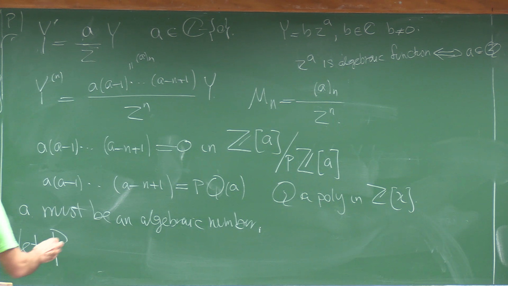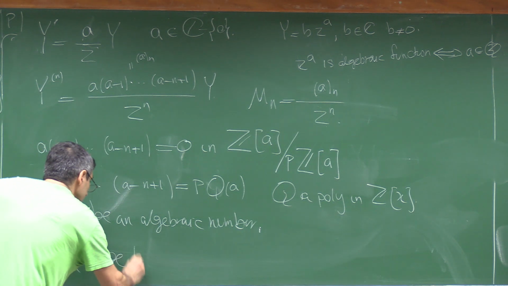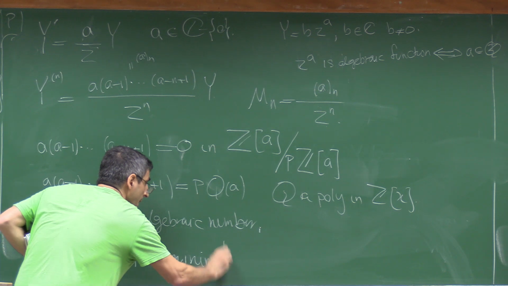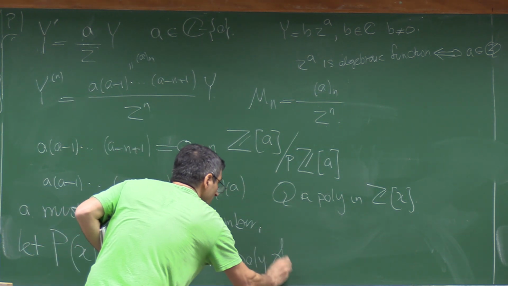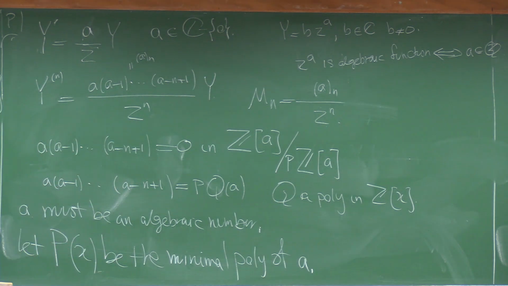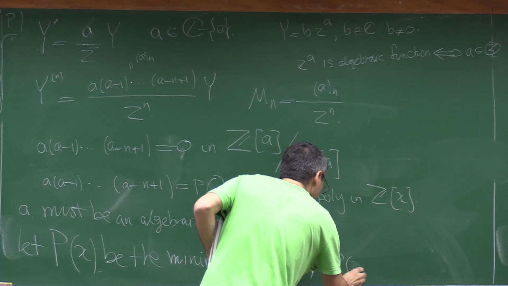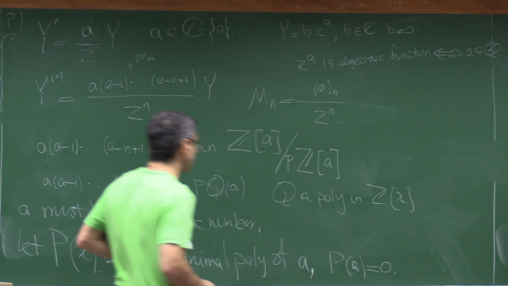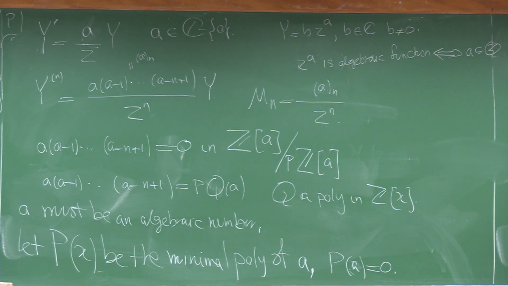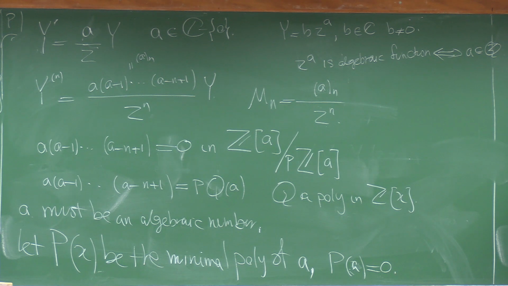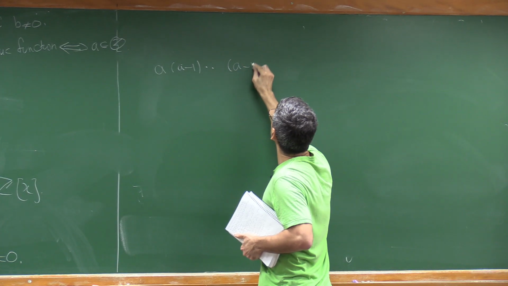Let capital P(X) be the minimal polynomial of a. It is algebraic, so there is a polynomial in one variable of smallest degree which annihilates a. I want to write down everything explicitly, but at the end of the day, what I'm saying is a(a-1)...(a-n+1).